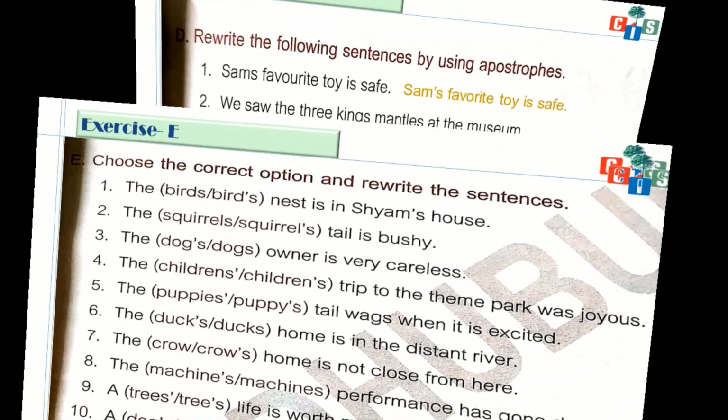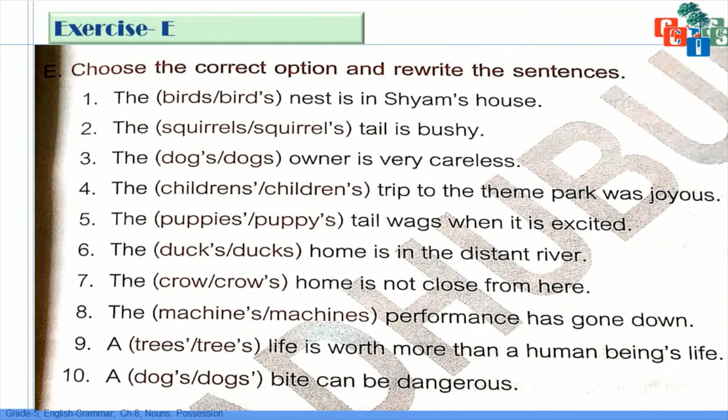Yes, guys. Choose the correct option and rewrite the sentences. First one, the bird's nest is in Shyam's house. Where is the bird's nest? In Shyam's house. That's why it's written here Shyam's house: belongingness, possessiveness. Okay, so the bird's nest is in Shyam's house. Options are there: birds, many birds, and bird's, of the bird.